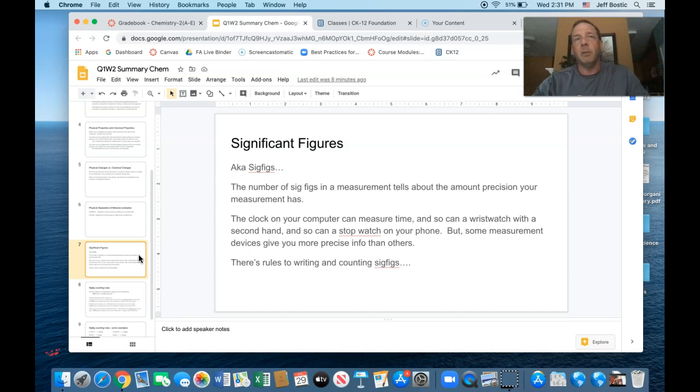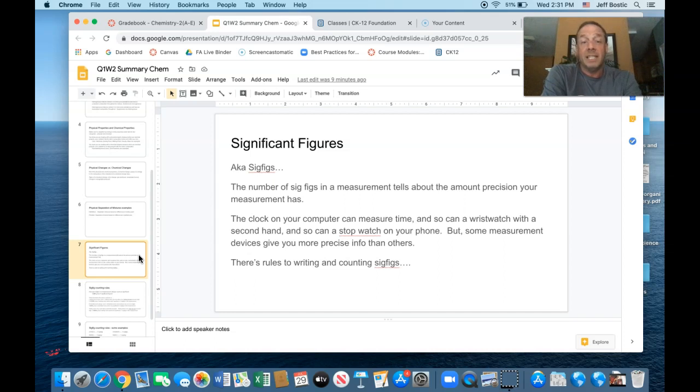Each measurement that you take relies on some instrument, and each instrument has a certain amount of precision associated with it. You can see my time example right here. We can measure time with the clock on our computer, but we can measure time better with a wristwatch that has a second hand, and even better still with a stopwatch on our phone. One doesn't give us seconds at all.